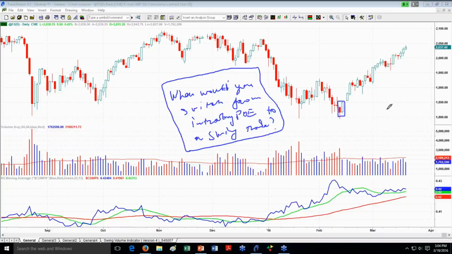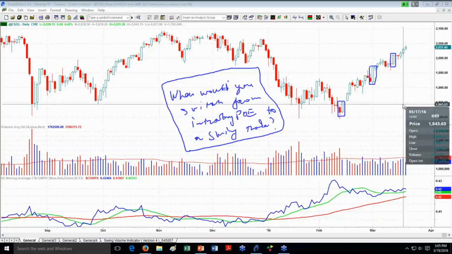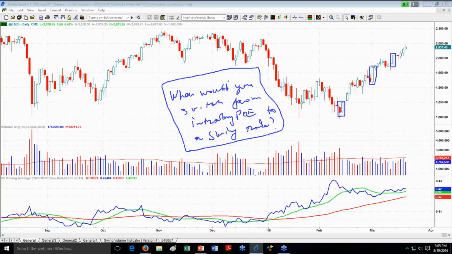Maybe, I mean, there are quite a few other, not necessarily daily reversals, that we've had on the move to the upside. Maybe somewhere here on this day. The day that we were looking at was the 17th. It was this day right here.